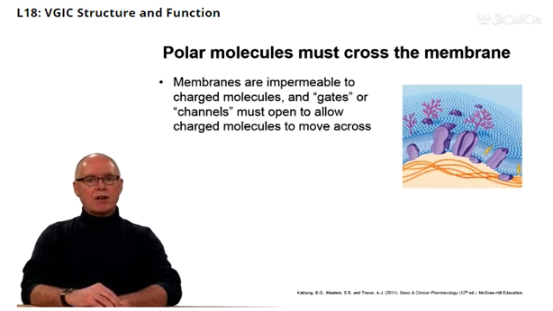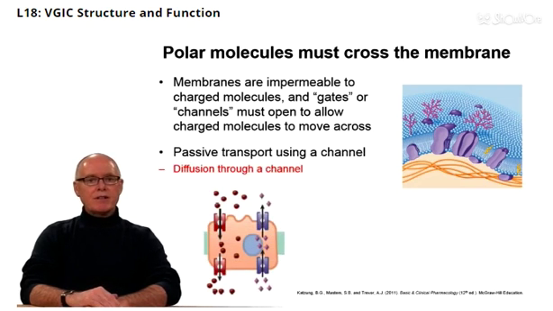Simple diffusion involves movement from an area of higher concentration to an area of lower concentration, and it doesn't require any added energy, only the random movement of molecules. However, polar, charged, or hydrophilic molecules can't diffuse across the membrane because the energy barrier of the hydrophobic core of the lipid bilayer is too large to overcome.